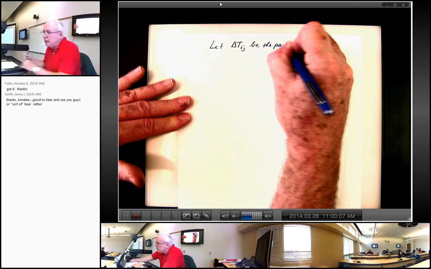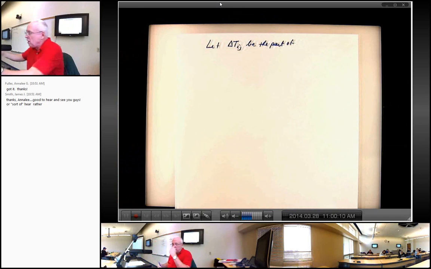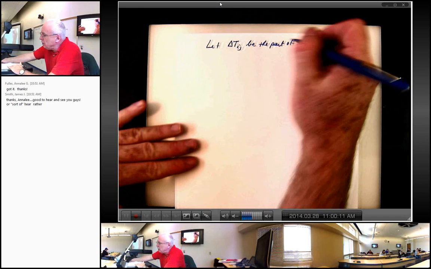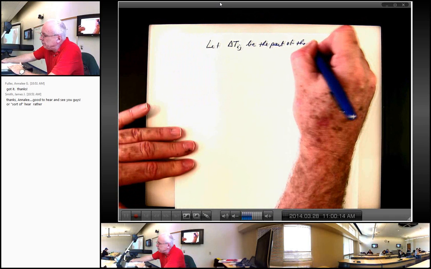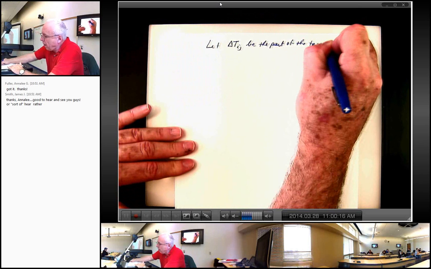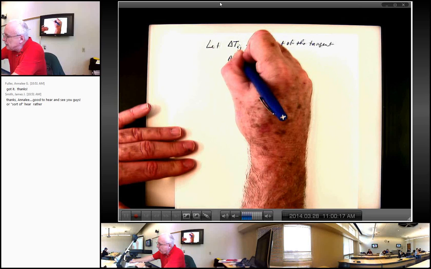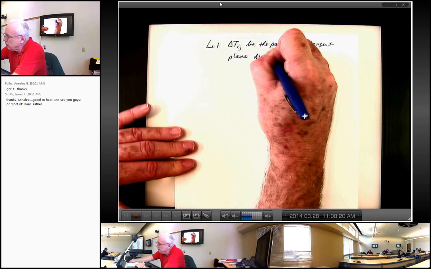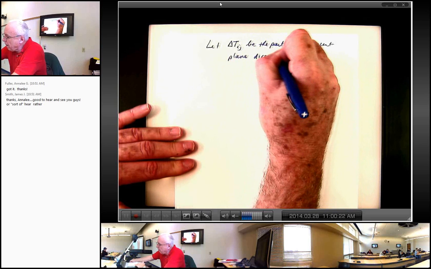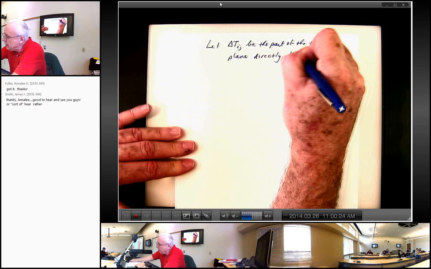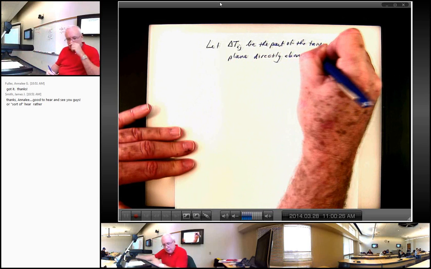This is all leading up to the integral that we're going to arrive at. So be the part of the tangent plane directly above that Rij, that sub-rectangle.